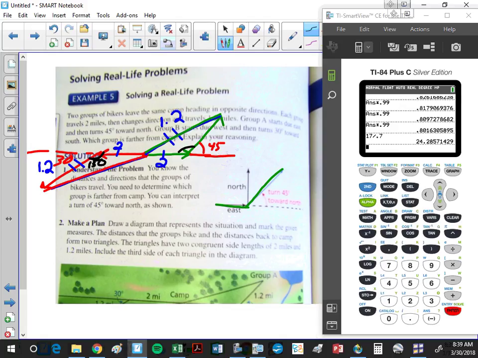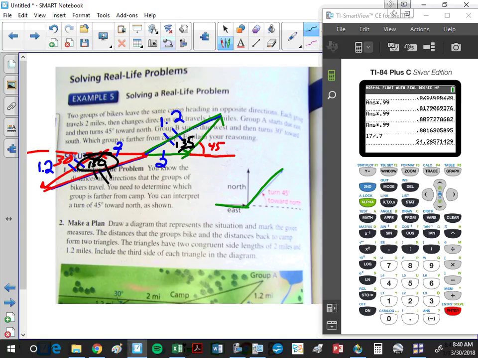And what would this angle be? 135. So, is the right one longer or is the left one longer? The left one is longer because the angle is bigger. This angle is larger, which means this person is further away from camp.